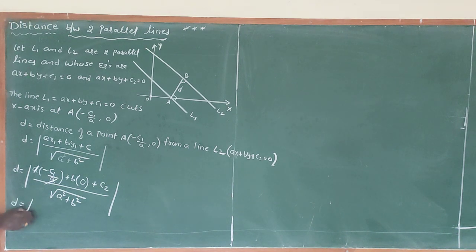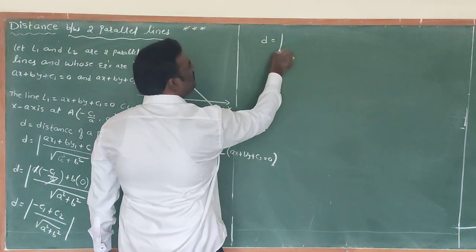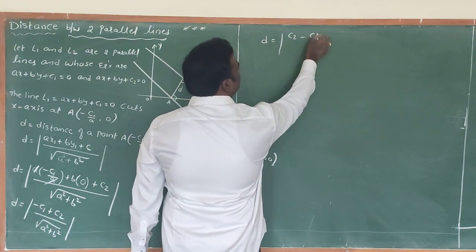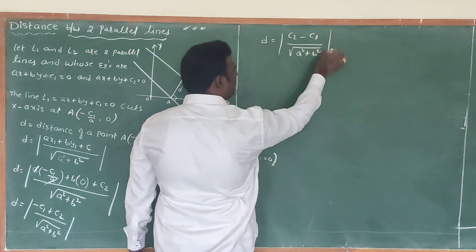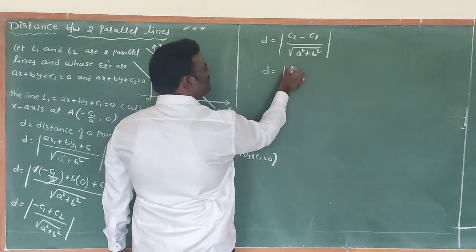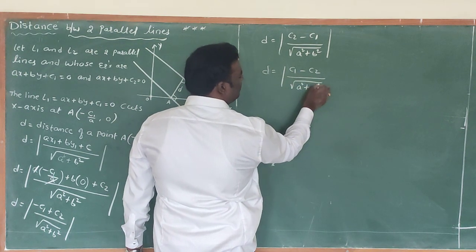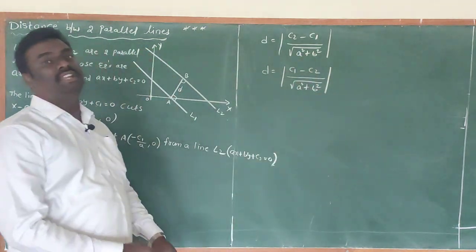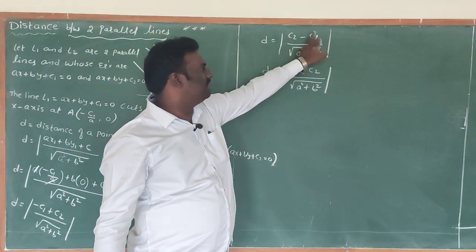Now D is equal to modulus of minus C1 plus C2 by under root of A square plus B square. First I am writing positive term, that is modulus of C2 minus C1 by under root of A square plus B square, or you can write modulus of C1 minus C2 by under root of A square plus B square. This is the formula for distance between two parallel lines. You can write modulus of C2 minus C1 or C1 minus C2.